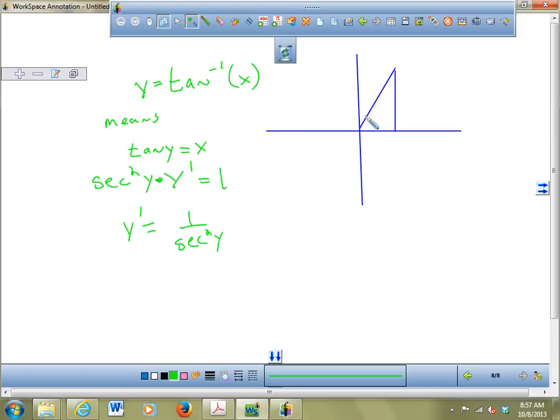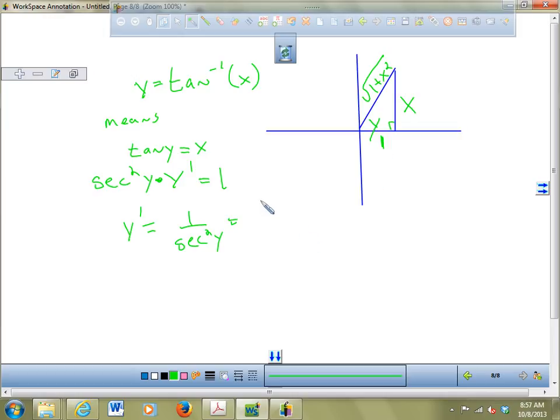So tangent of y equals x, so you call this y. Tangent is the opposite side over the adjacent side. And then if I do Pythagorean theorem, what do I end up with for the hypotenuse over here? Square root of 1 plus x squared. And secant is the reciprocal of cosine. So if cosine were 1 over this, then secant is going to be this over 1, right?